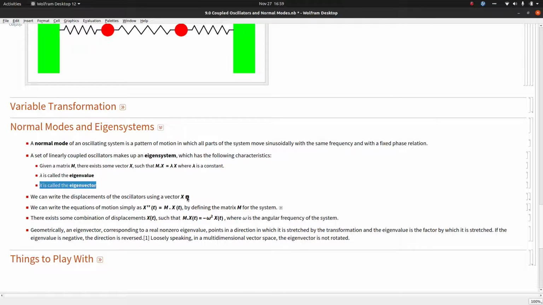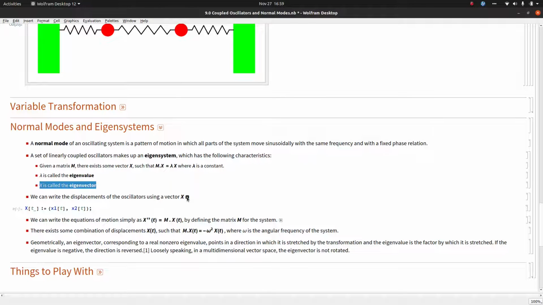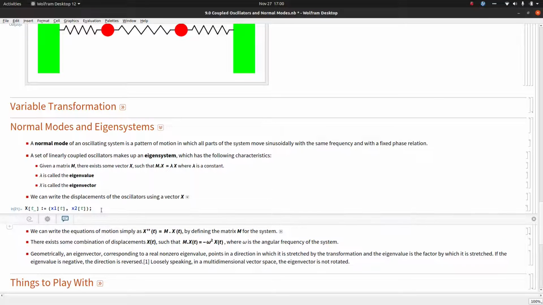Now, we are going to write our vector x as some combination of the initial positions of the two masses. So we're going to say x is equal to x1, x2.